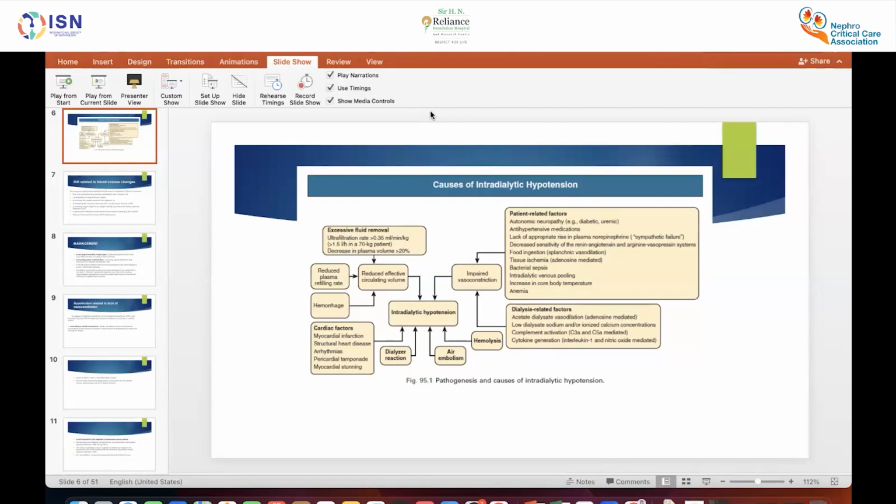Out of the extracellular component, interstitial will be 2/3, and the intravascular component will be 1/3. So when you are giving 5% dextrose, it will be distributed as water, since it is C6H12O6, correct?